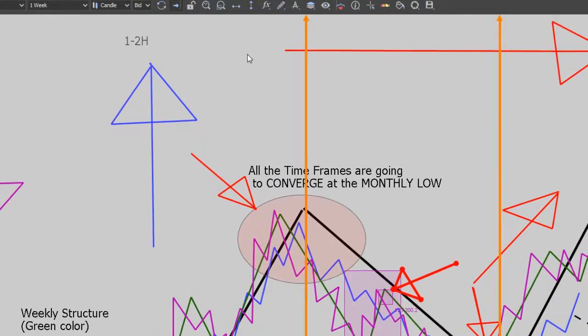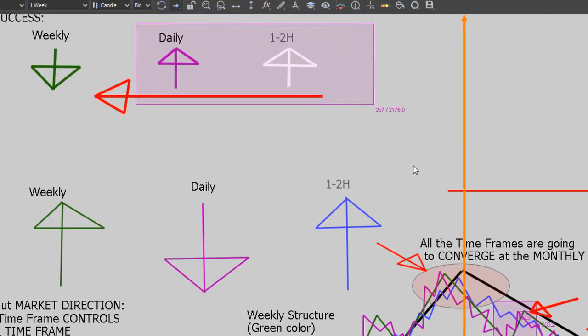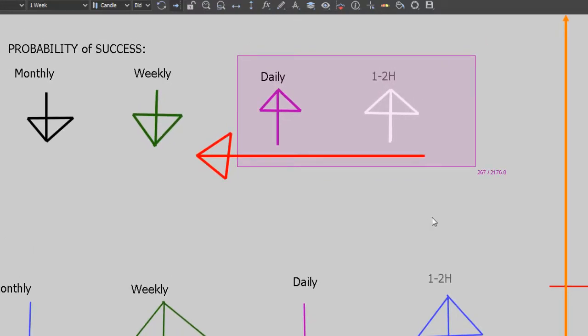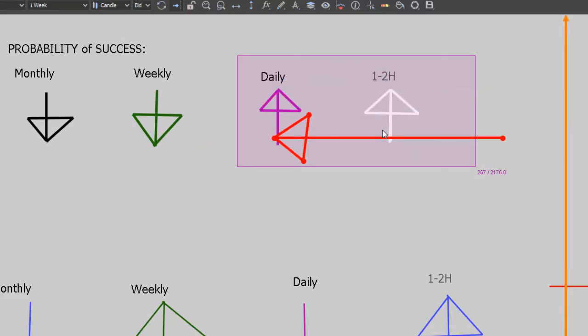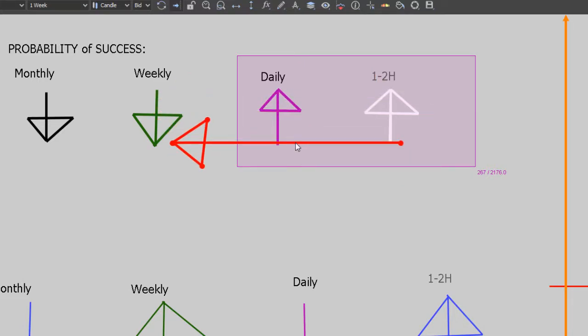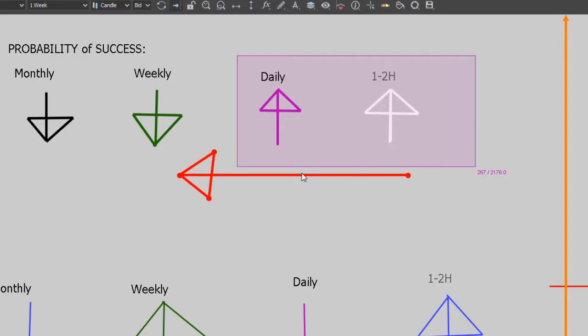And you are asking me, Passion, can I trade the daily, or 1 hour, 2 hour and cross-referencing with the daily? And I said, yes, you can. Absolutely, you are going to have some winners in here. But when the weekly finds a structural high, what does this mean for the daily and 1 and 2 hours?